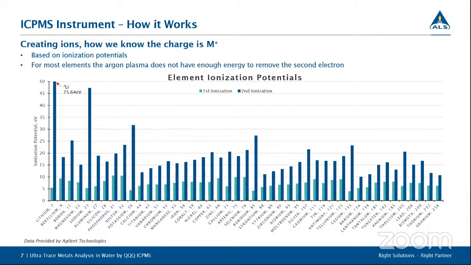But to strip the second electron away, you have to look at the second ionization potential, and those are much higher. Lithium is off the scale on this chart, at 75.6 electron volts. So no matter what energy source you use, you're not going to get a +2 lithium ion.